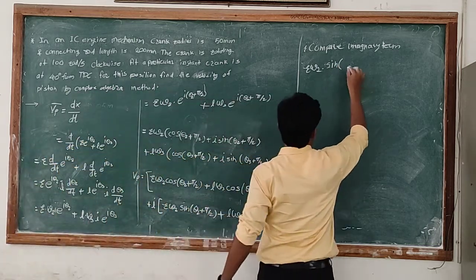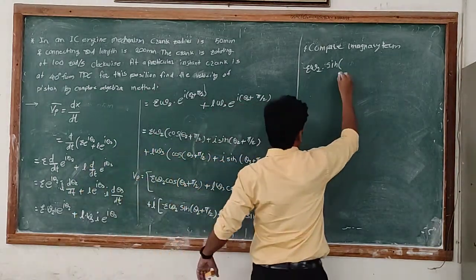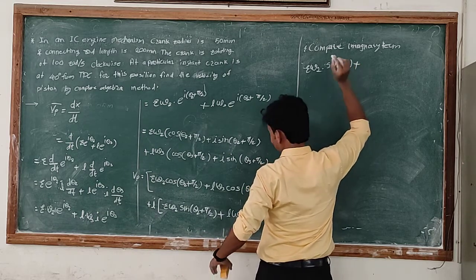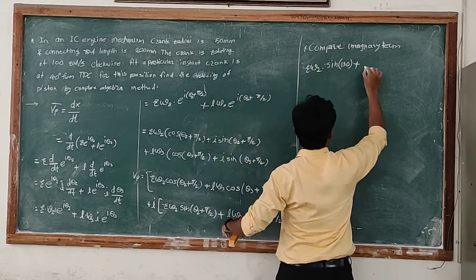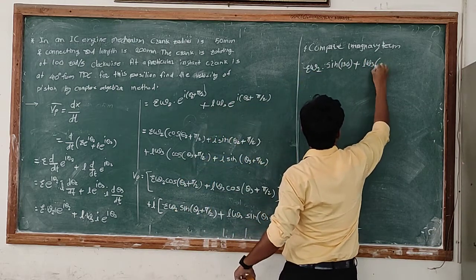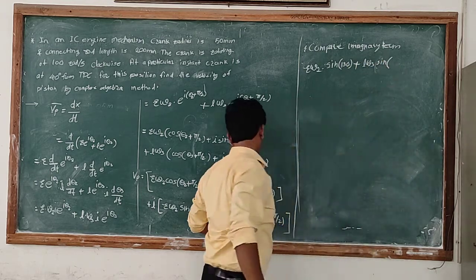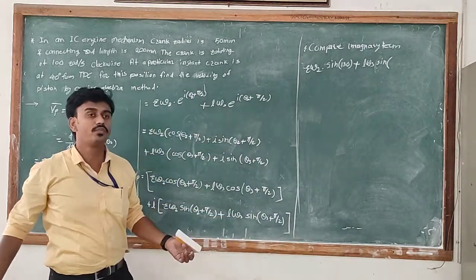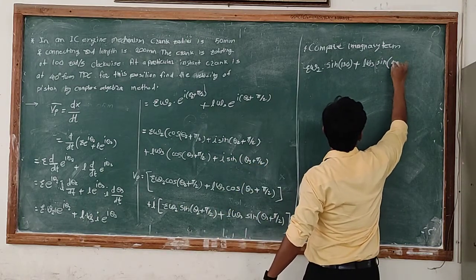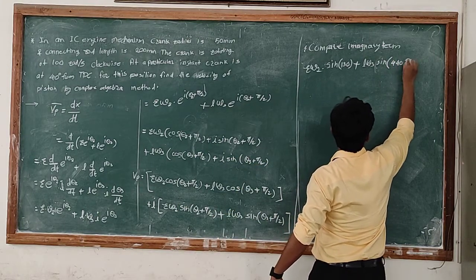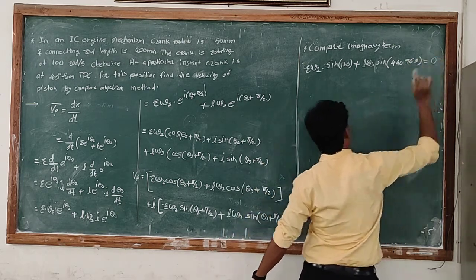Pi by 2 means 90 degrees, 90 plus 40 is equal to 130, plus L into omega 3 into sin of (theta 3, which is 250.765 plus 90), that is 440.765. Imaginary term is absent, therefore it is equal to 0.